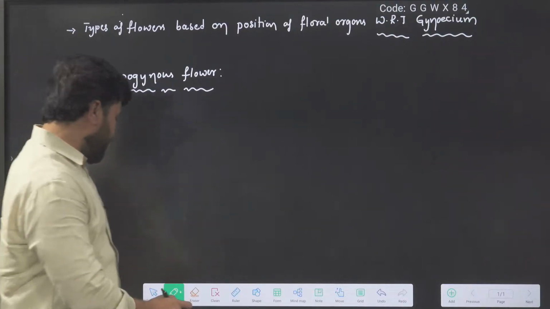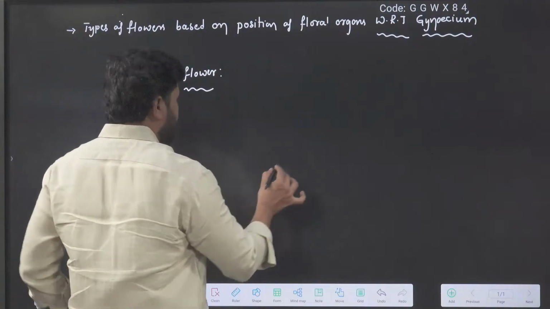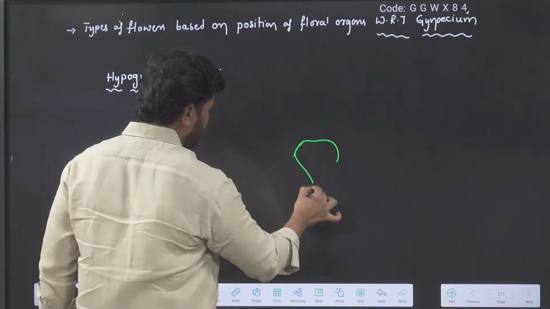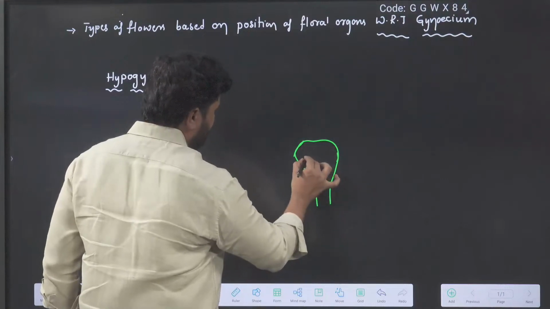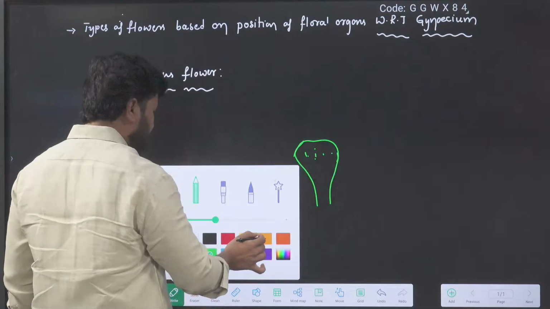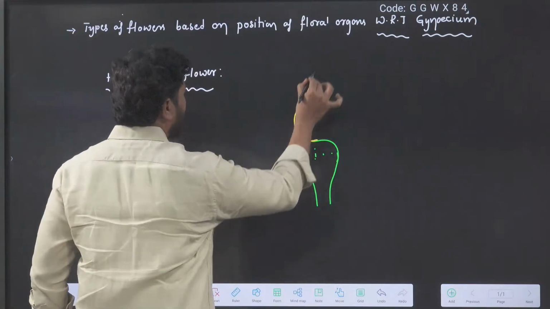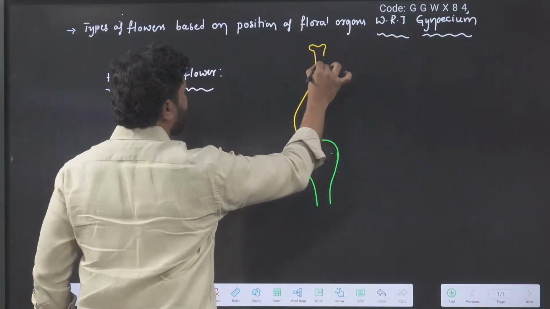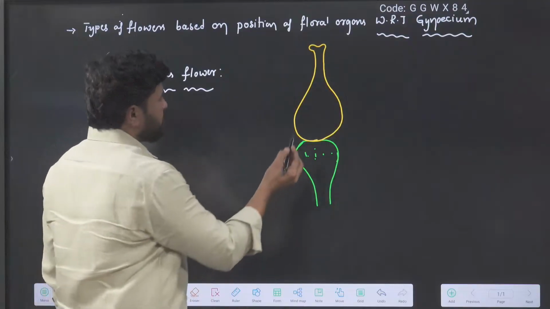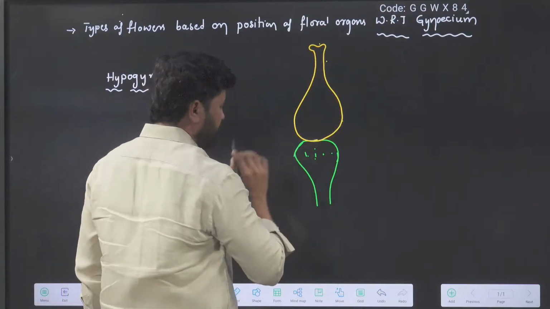In this case, let me check. There is a body of a flower called the thalamus. Consider this is the thalamus, the so-called receptacle of a flower. On the thalamus, there has been a development of the gynoecium. This is the gynoecium developed on the surface of the thalamus. In the gynoecium, stigma, style, ovary altogether.